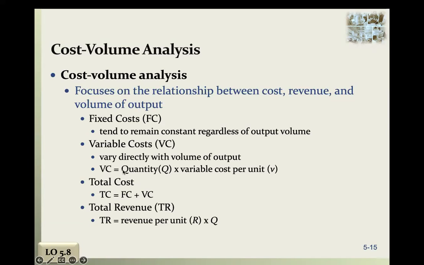So therefore, variable cost is quantity, which means the number of customers or the number of coffee cups you sell, multiplied by cost per unit. That will be variable cost. And when we add fixed cost and variable cost together, that gives us total cost. So total cost is equal to fixed cost plus variable cost. And remember, variable cost will always be multiplied by quantity.